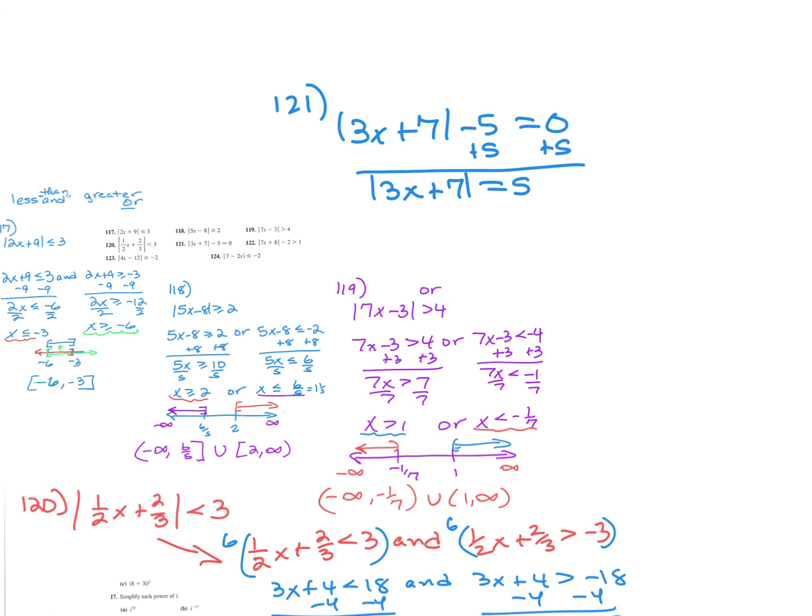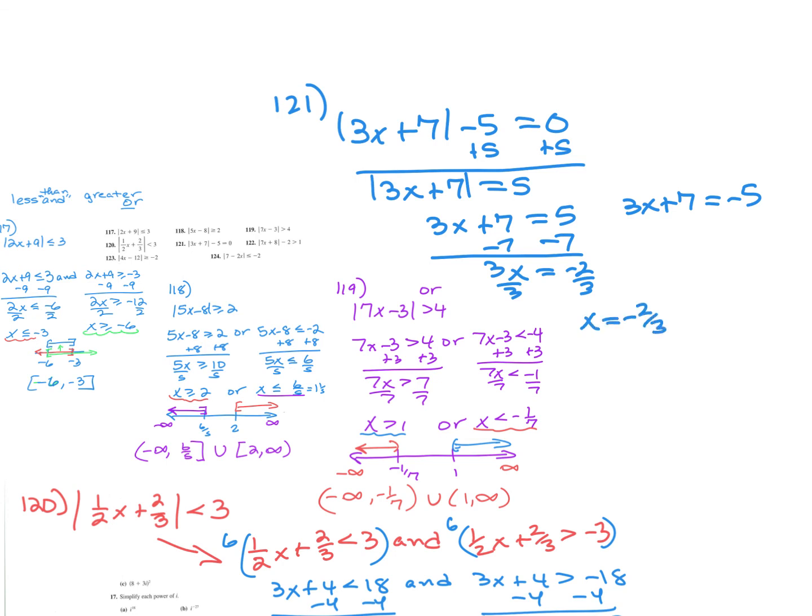And now I'll make the two problems. So 3x + 7 = 5, and 3x + 7 = -5. Subtract. 3x = -2. Divide by 3, and x = -2/3.